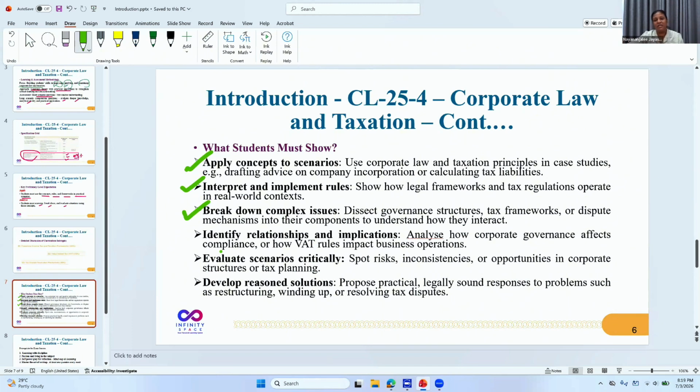And identify relationships and implications. In the scenario given, you have to identify what the implication is, the tax implication, and how we are going to take it based on the particular provisions of maybe the VAT law, maybe the Fourth City Act, maybe the Inland Revenue Act, and maybe the BOI Act.